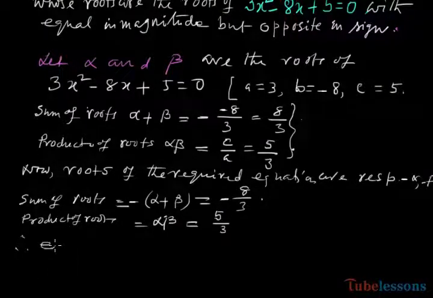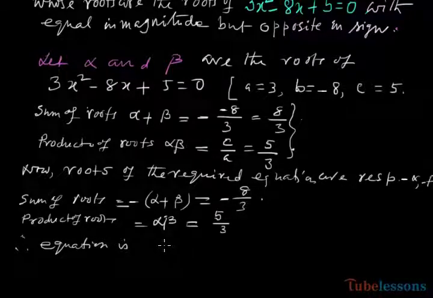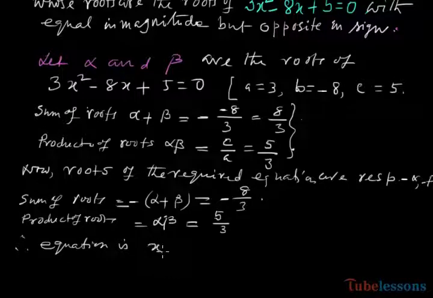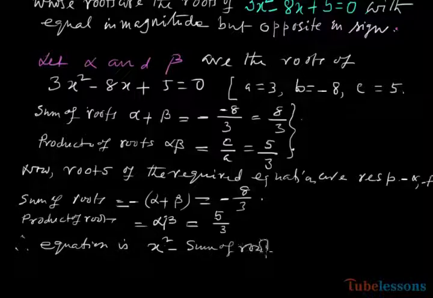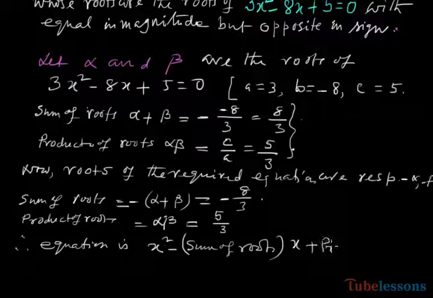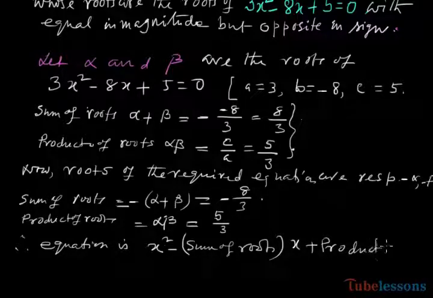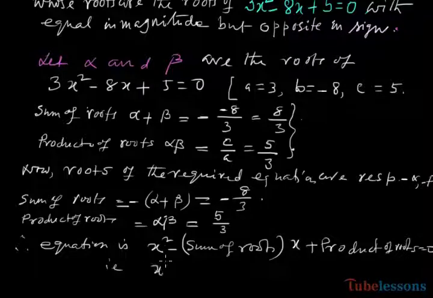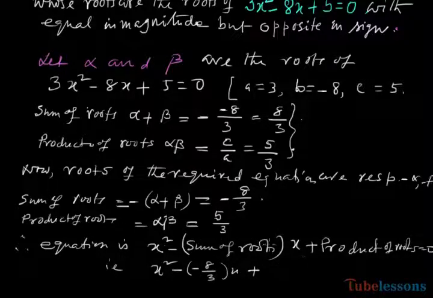Therefore, the equation is x square minus sum of roots whole into x plus product of roots is equal to 0. That is x square minus of minus 8 by 3 whole into x, and the product is 5 by 3.